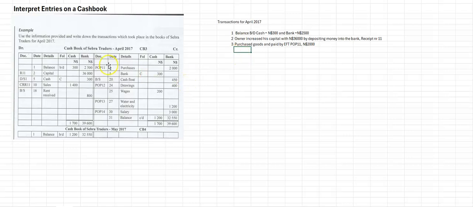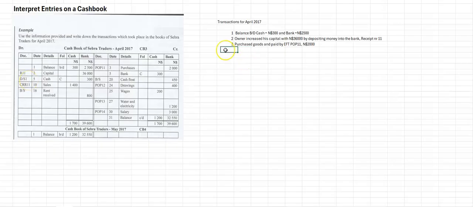Then we go to the next one. There's no fourth, so there's a fifth, and we have a contra account here, which means we have a deposit happening. Our cash went down, but our bank went up. So we deposited money, and we have deposit slip 1 as our reference number.